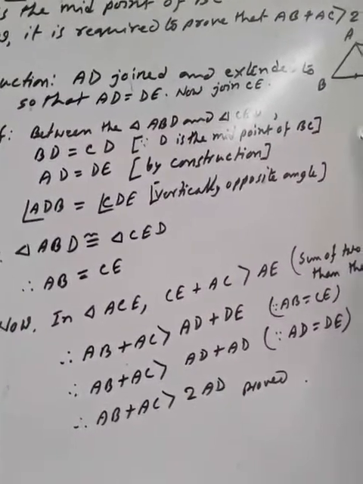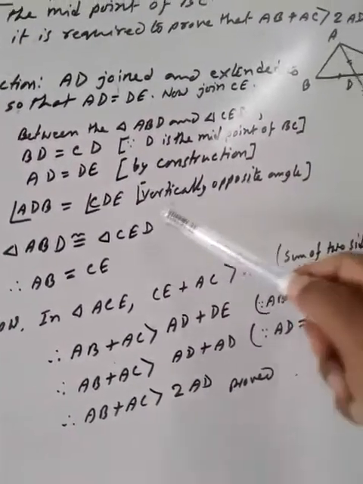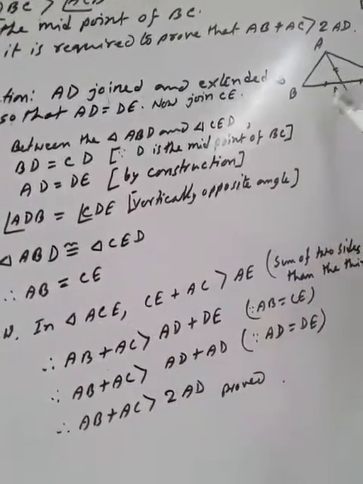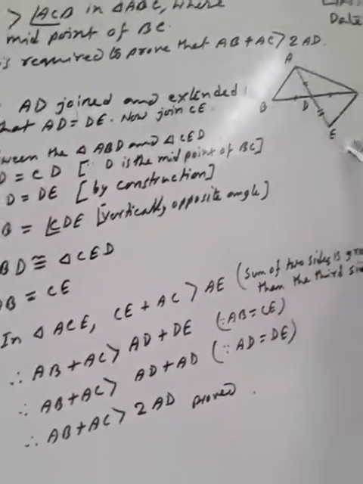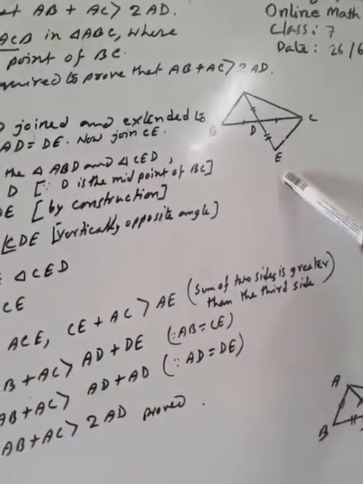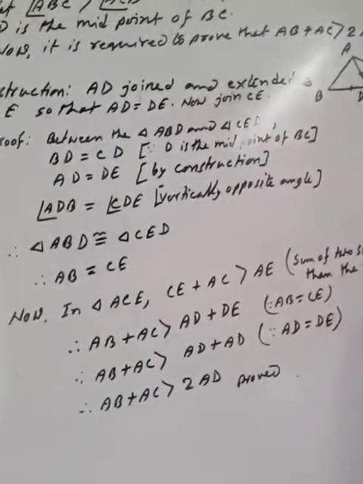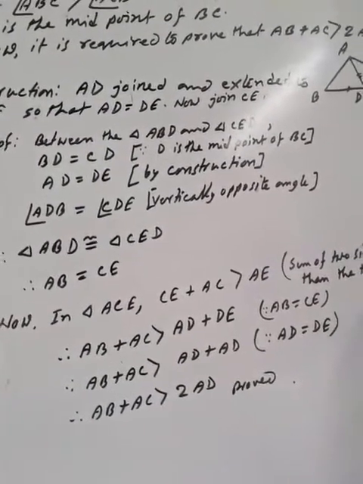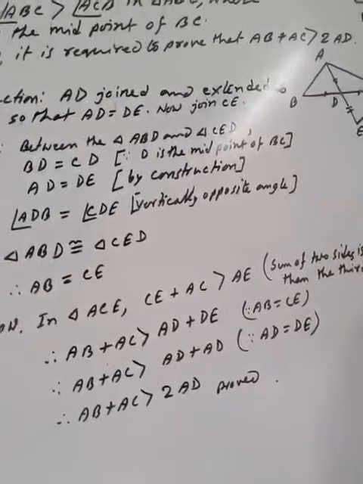Now see, triangle ADB is congruent to triangle CDE. Therefore AB equals CE.